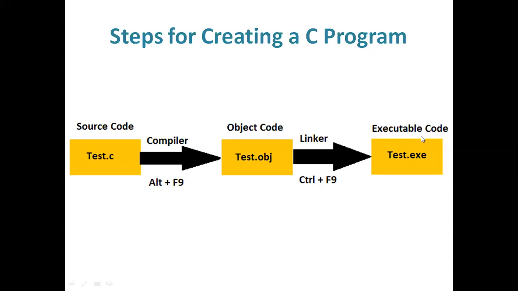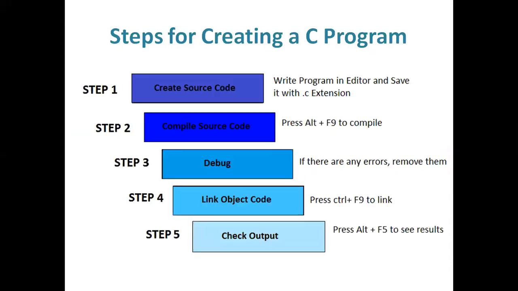This will be the executable code, and the computer will execute those instructions. If you want to check the output of your program, you have to press Alt plus F5 to see the results of the program which you have written. In this way, you have successfully created a C program.